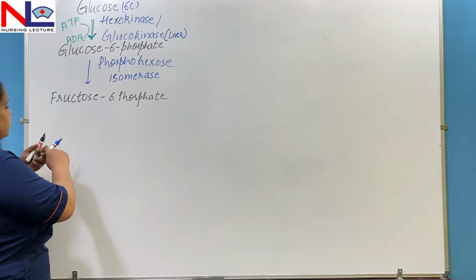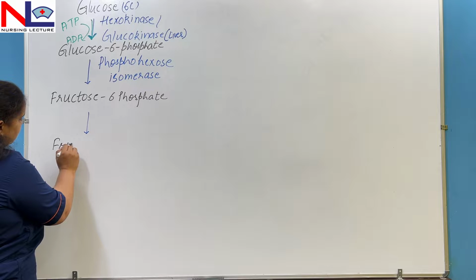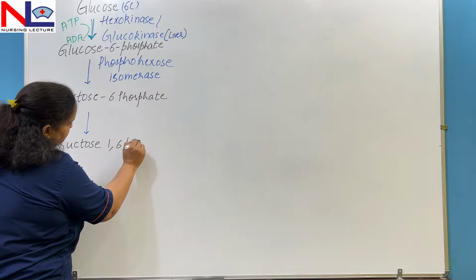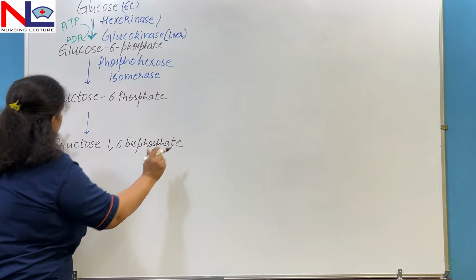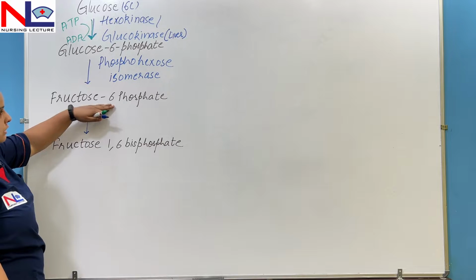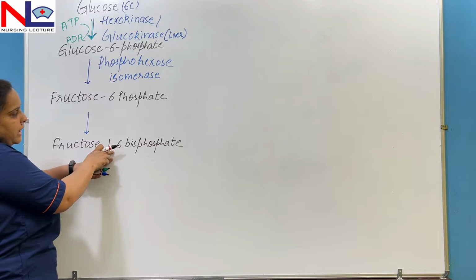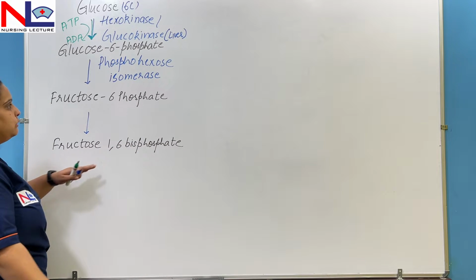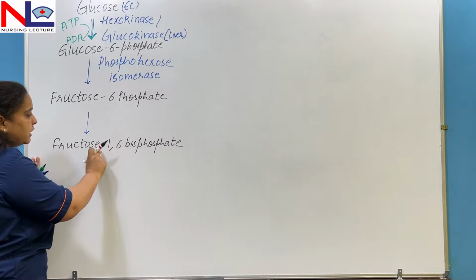Now in the next, third reaction, fructose 6-phosphate is converted into fructose 1,6-bisphosphate. You can see it is almost the same, but here the 1 is also added, and before phosphate I have written bis. It means 1 molecule of phosphate is added on carbon number 1.